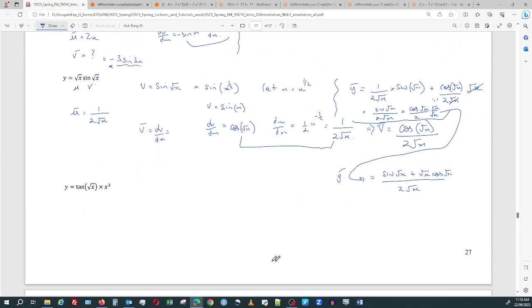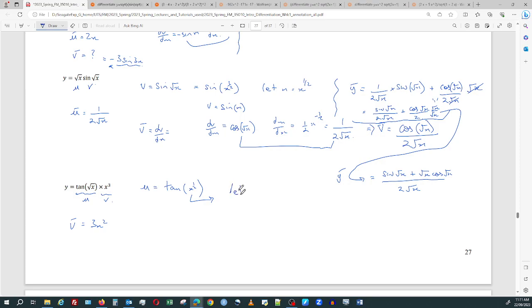Alright, so let's have a look at tan root x times x cubed. So this is u, this is v. So v dash in this case is fairly straightforward, 3x squared. U is equal to tan x to the half, requires a chain rule.